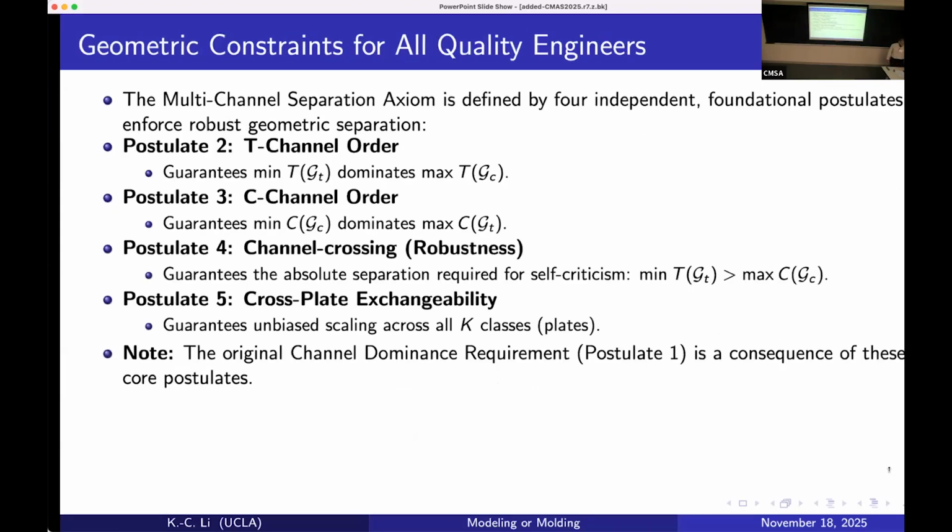So all together, we have this P channel order, C channel order, this cross channel order, and this cross plate exchangeability, because I do not want a particular plate standing out against the others. So this all looks like a postulate that I think customers will be happy to accept. It does not impose any complex inequality using an information matrix, feature information, or any modeling. It's just basic, the way we do geometry, starting with postulates, right?